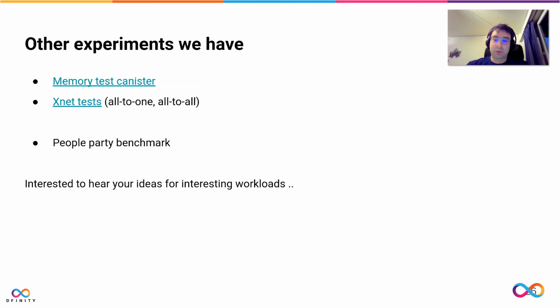If you don't know about it, the People Party project is a way to make sure that internet identities are valid, similar to what you would have done with PGP and these key signing methods for emails, where a bunch of people verify each other's validity.